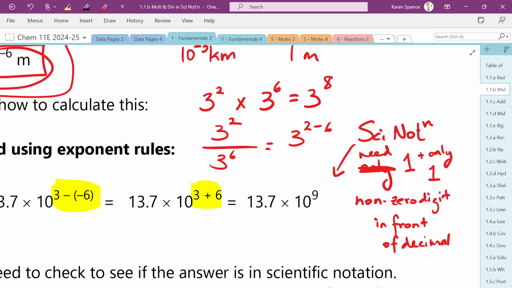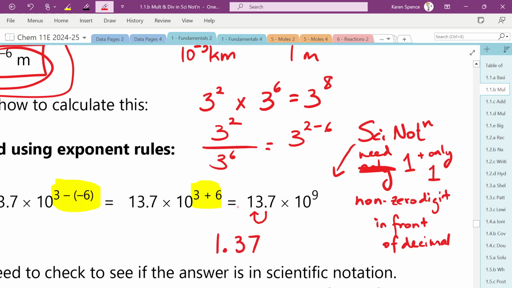All right, anyone want to tell me? We move our decimal one place to the left, so it becomes 1.37.